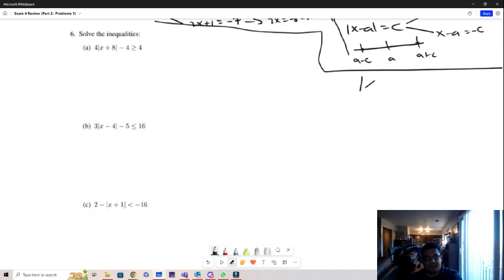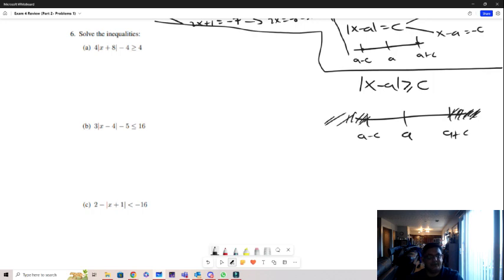When the distance of x to A is bigger than C, we're saying that from the point A you measure the distance, and it has to be bigger than C. We get to A plus C, and we get to A minus C, right? Those are the two points at that distance. But since we're going bigger than, we're going with points that are further than that. And that's an entire interval.